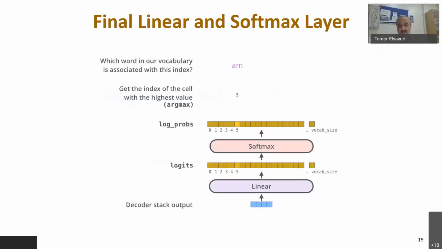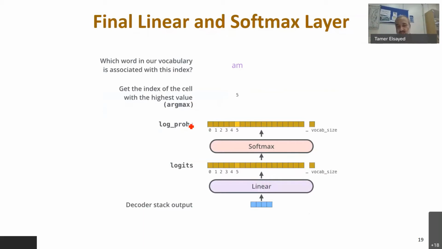So here we will just explain the part that is at the end of the stack of the decoders. At the end, we will get the output, the embeddings at the last layer of the decoders, which will go to a linear layer. You can think of it as like a weighted average.